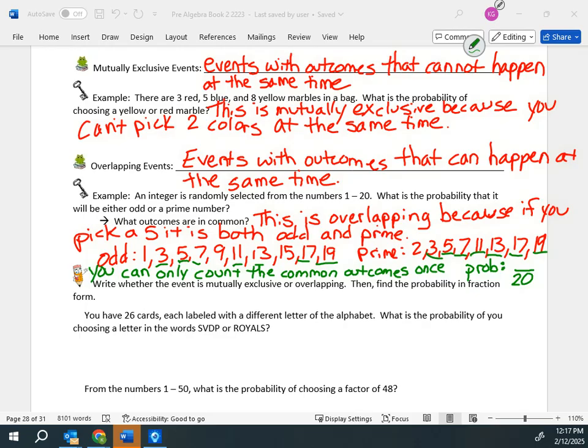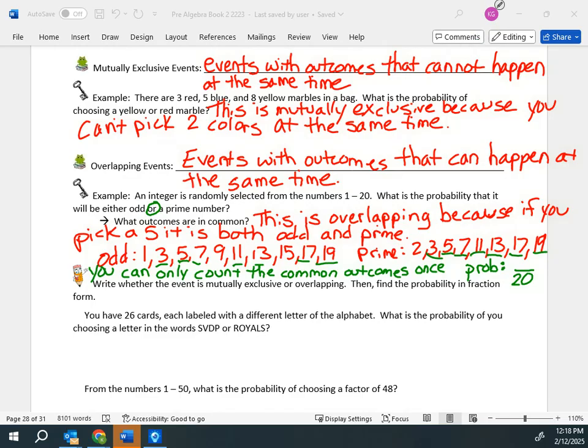Yeah, because it says, what's the probability of pulling an odd or a prime? So we have to also count the numbers that don't overlap. The ones that overlap, we count one time, and then the ones that don't overlap, we count one time.